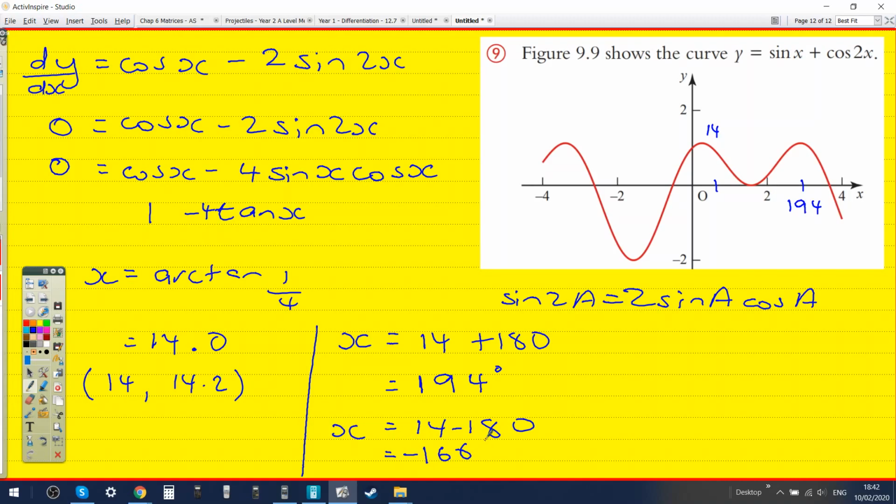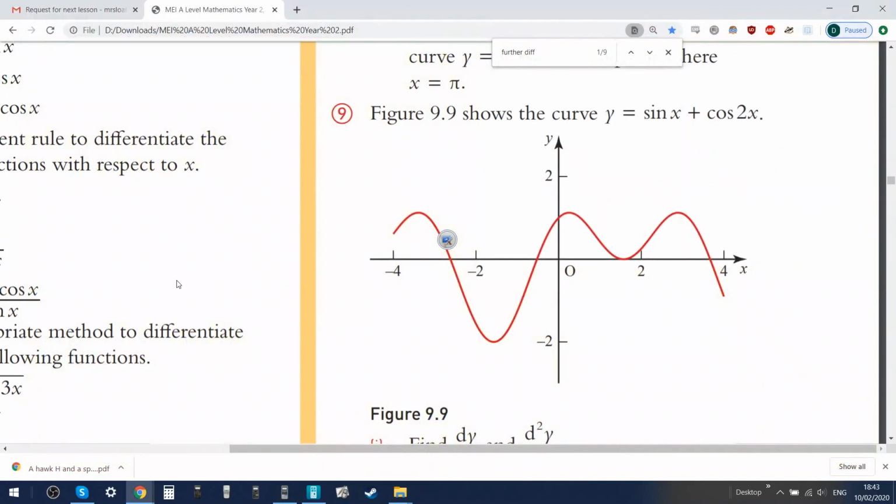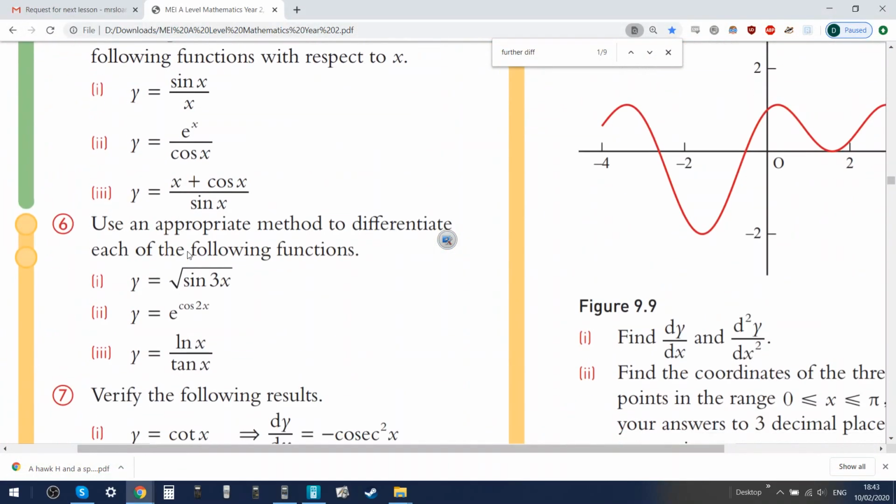So we found 14, 194. What about the one between them? What did they say? They said 3 or something. I thought they said we could just keep finding more.